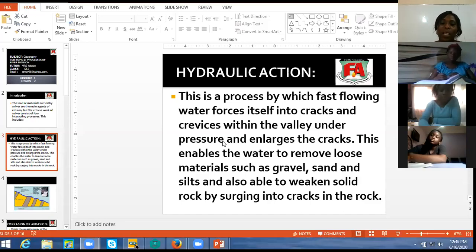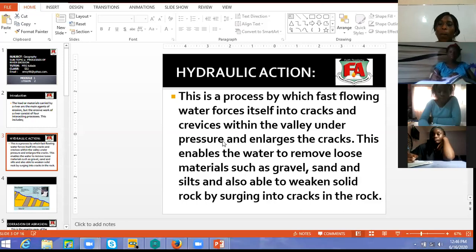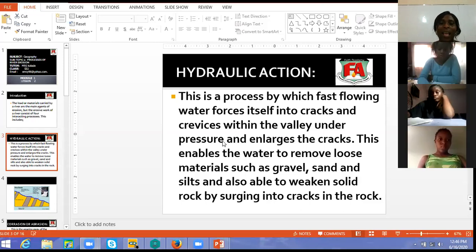When these cracks open, water tends to pass through them. Any opening on a crack that water can pass through and enlarge that crack, that process is known as hydraulic action. Hydraulic action is one process of river erosion because it allows water to flow.